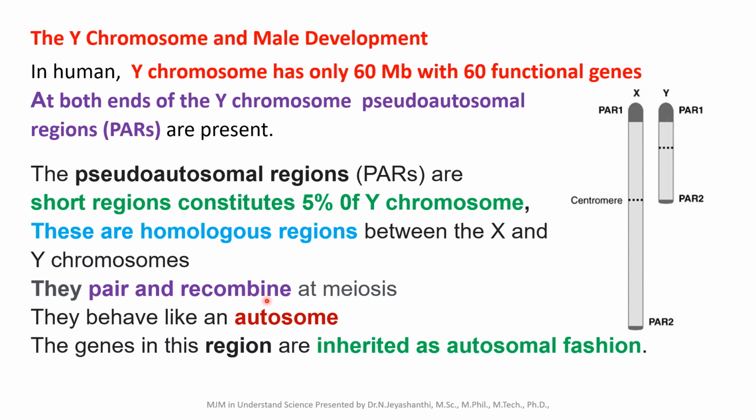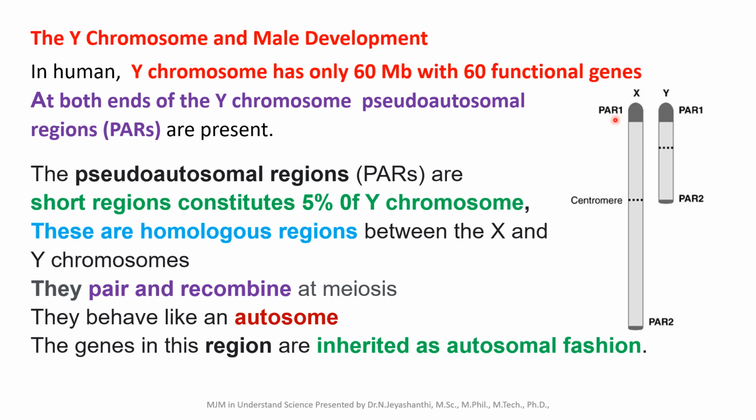They pair and recombine during the meiosis. Only these two regions pair and recombine during meiosis like autosomes. Other regions cannot pair and recombine during meiosis. These PAR regions behave like autosomes. The inheritance is also like autosomes.